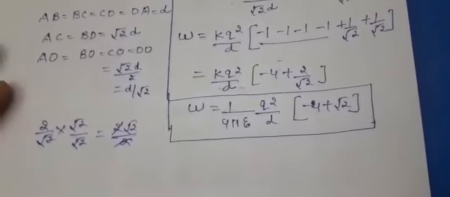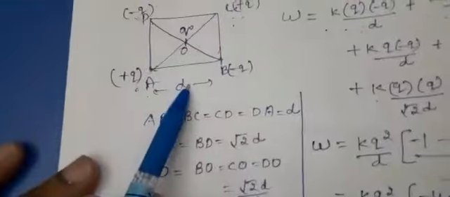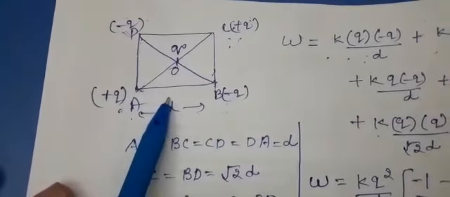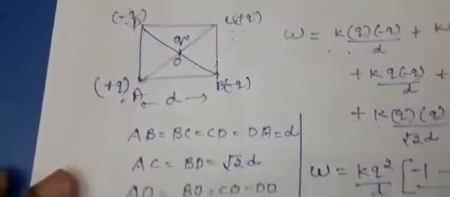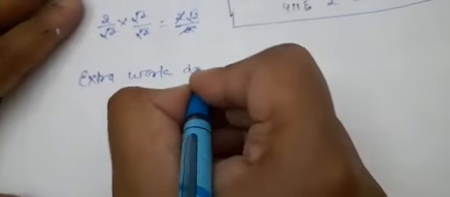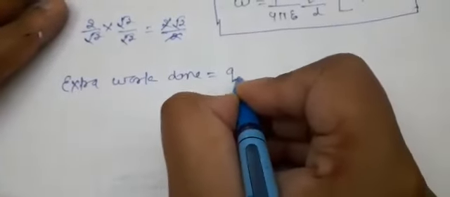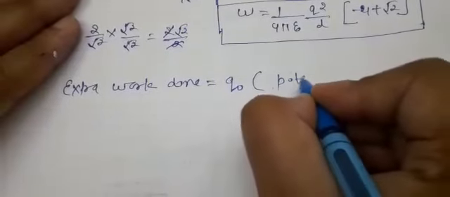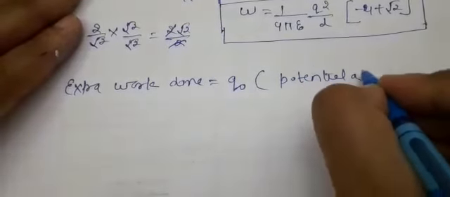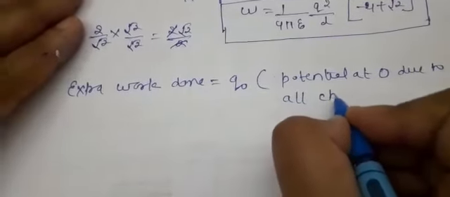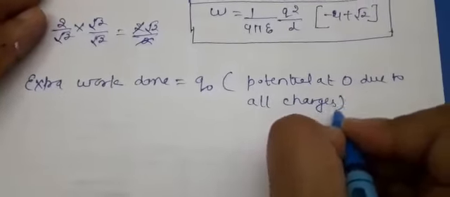Now in the second part, charge Q naught is brought to the center. So how much extra work is needed to do this? The extra work done will be equal to the charge Q naught times the potential at O due to all the charges present at the corners.